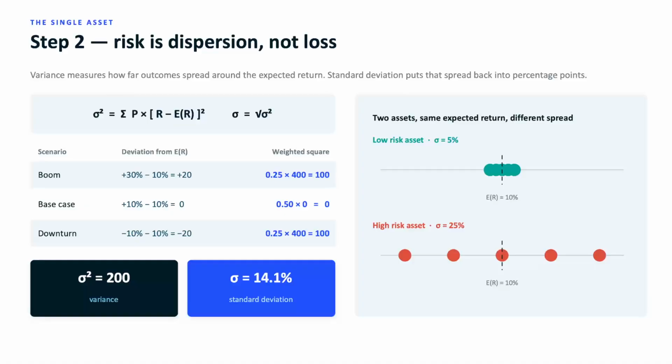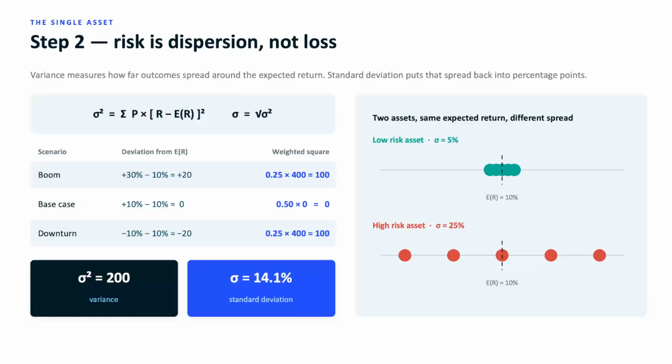So you have an expected return, which you saw as 10%, but how far would you be landing when compared to this 10%? And I want to correct something right now, because almost every beginner arrives with this in their head: risk is not the same as losing money. In this framework, risk is dispersion.